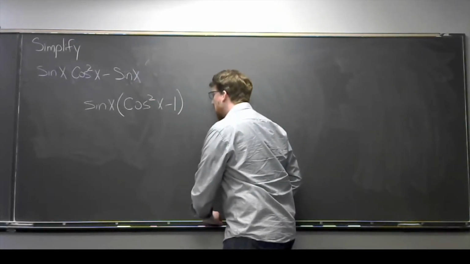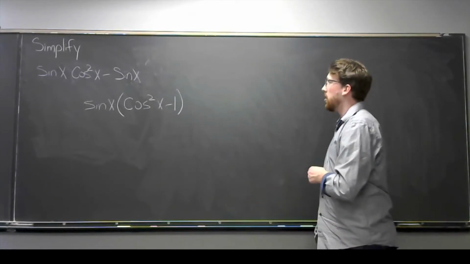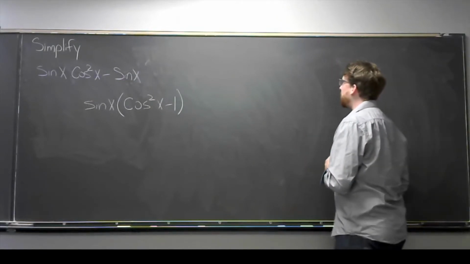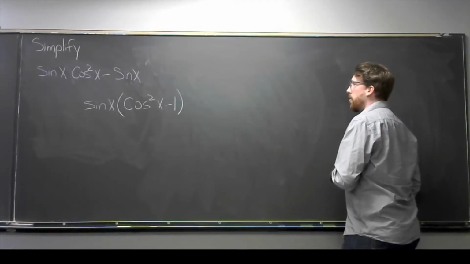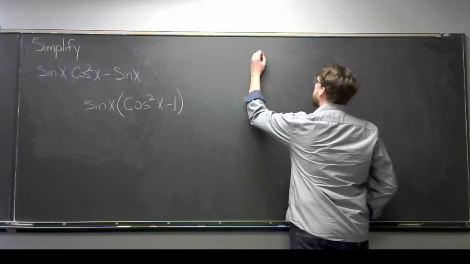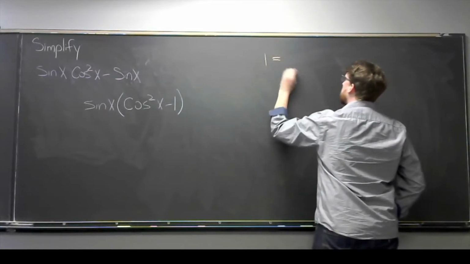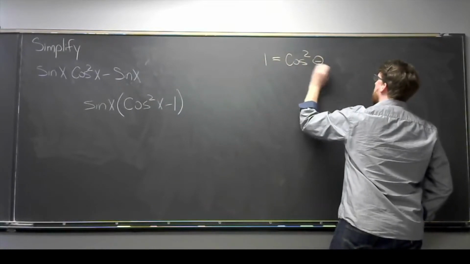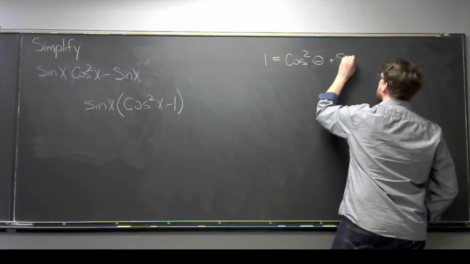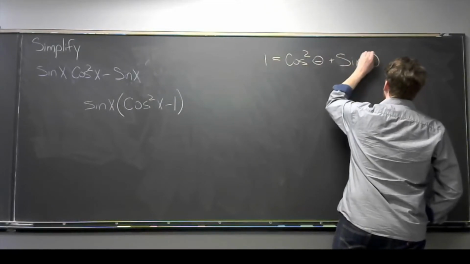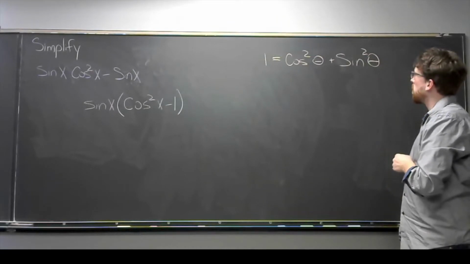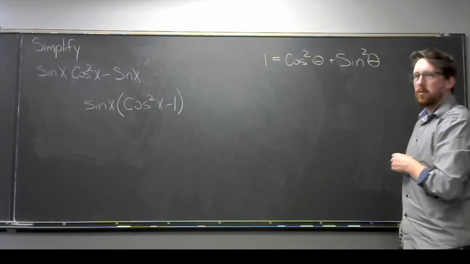Now we might recall the Pythagorean identity yet again. What it stated was 1 is equal to cosine squared of theta plus sine squared of theta. What we've got is cosine squared minus 1.